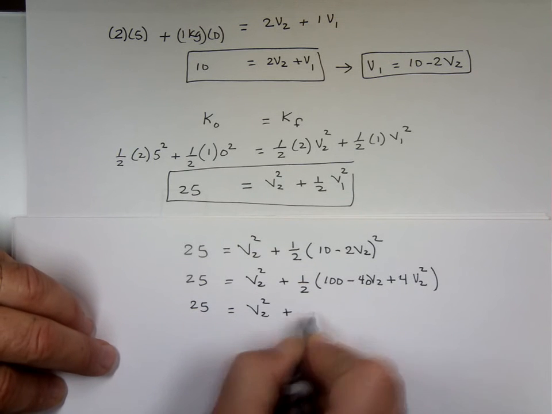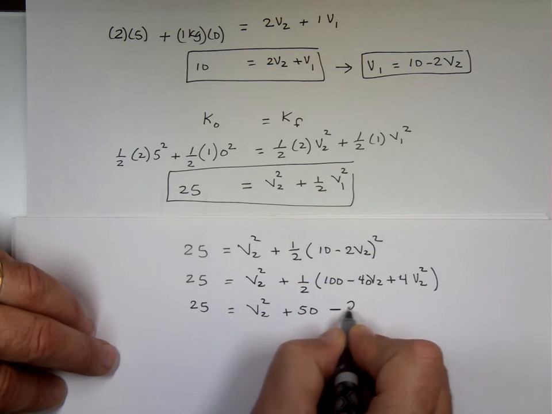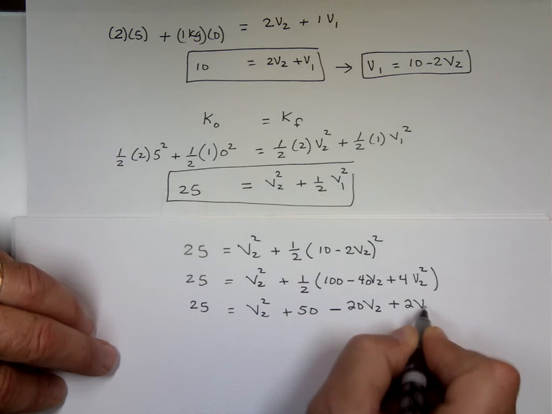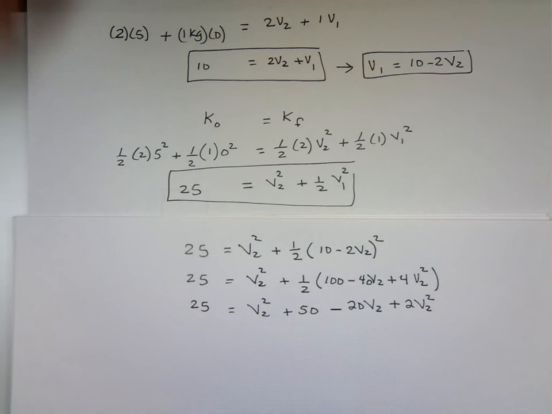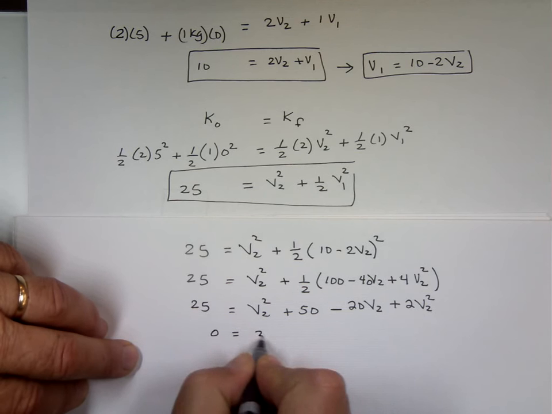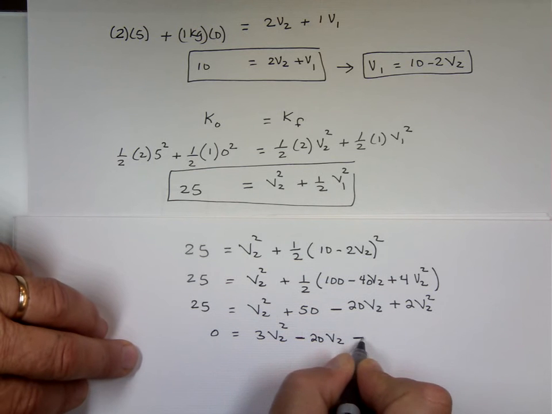Plus 50 minus what? 20, 2 V2 squared. Collect like terms, move everything to one side, and you go to the quadratic formula.